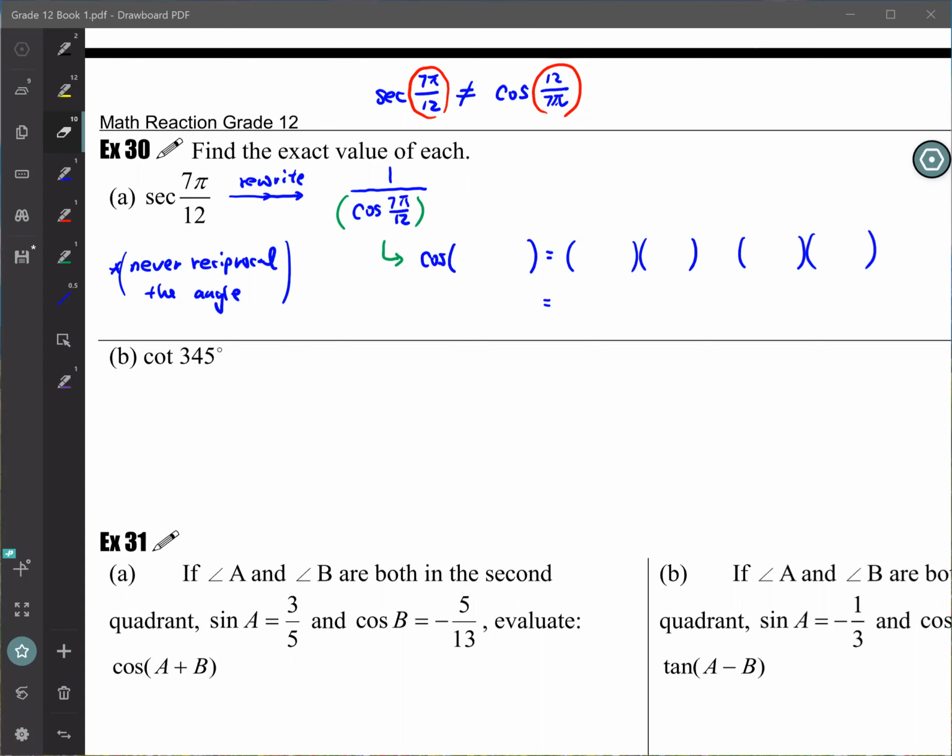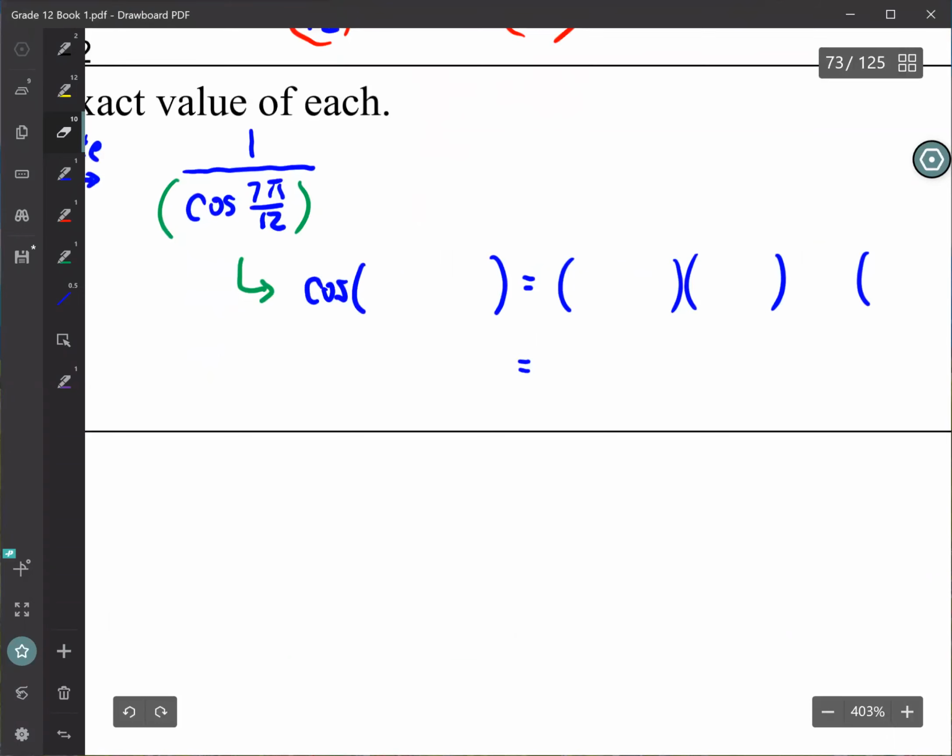Okay, let's check the combination that you chose. What are the 2 angles you chose? Okay, Irae, what did you choose? Pi over 3 and pi over 4. Add or subtract? Add. Okay, so you will have change sine.